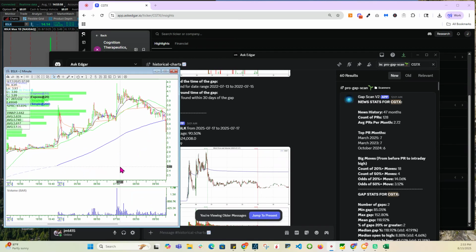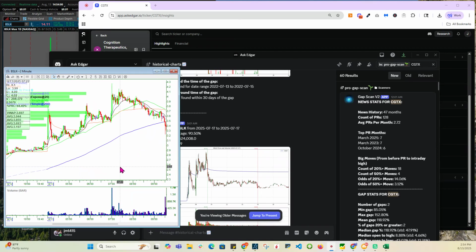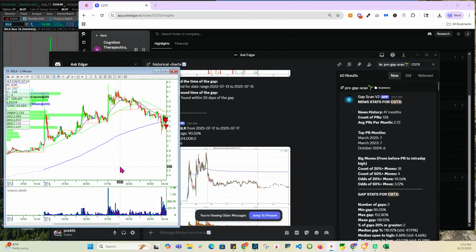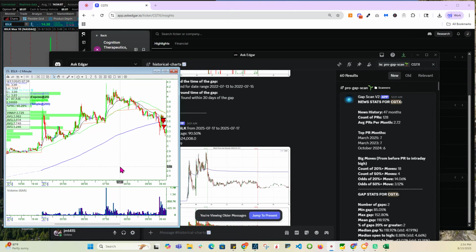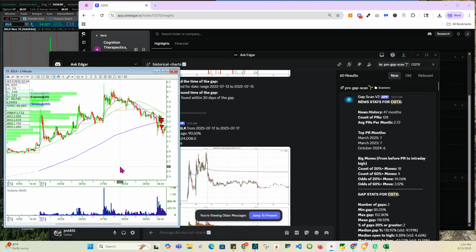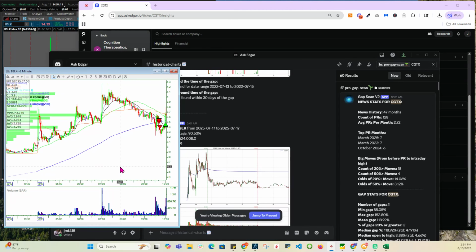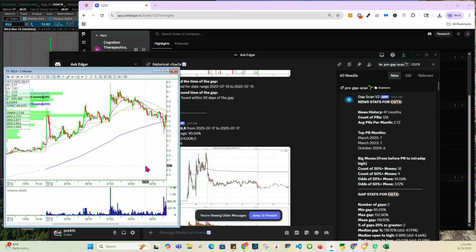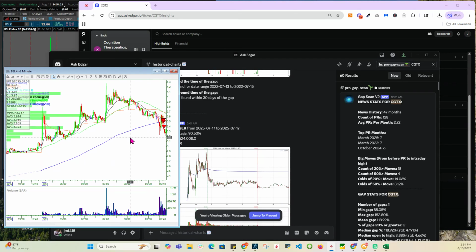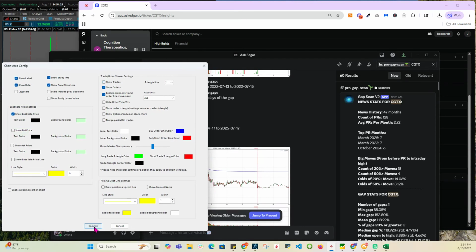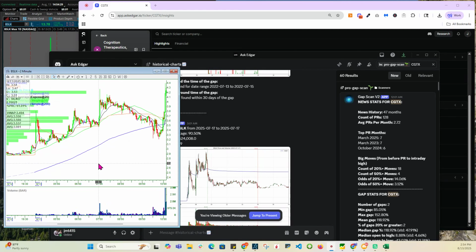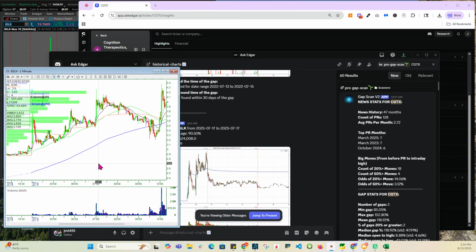But the good thing about a scenario where the stock appears to be doing the same thing over and over again is that it makes it easier to determine when it's behaving out of the ordinary. In this case, the simple fact of the reclaim means it's already acting out of character. Let me get rid of these arrows so you can see. It's already acting out of character when it makes this big volume move and it's holding over VWAP.